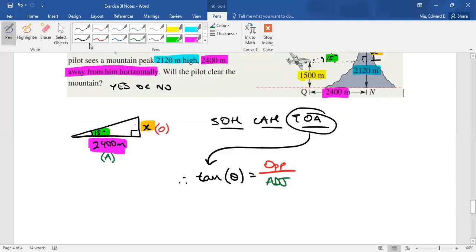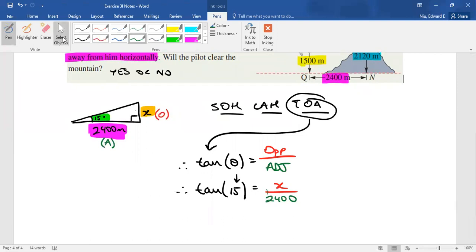What we notice here is the interior value we know is 15 degrees, which is the angle of elevation the plane is climbing at. The opposite side length is x, and the adjacent side length is 2,400. Now, we've got x on top, so to get x by itself, we move the 2,400 to the other side.